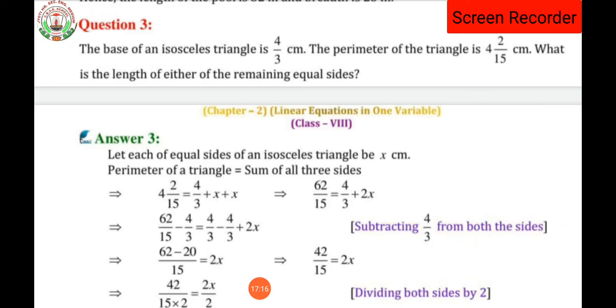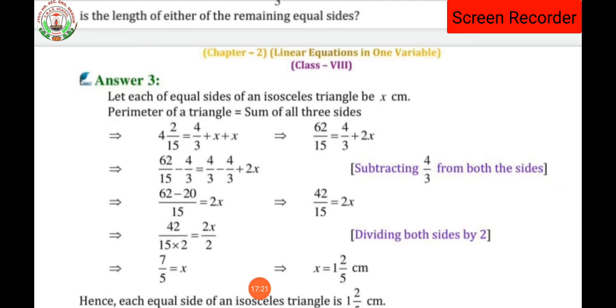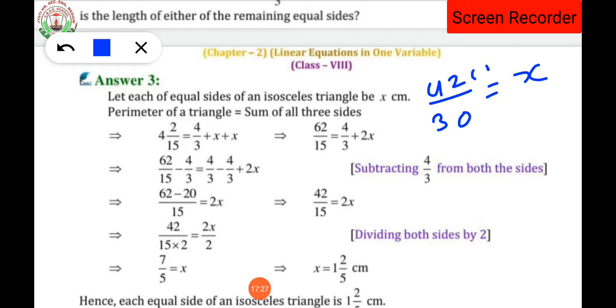Have you understood up to here? So what is the equation we are having finally? That is 42 upon 30 is equals to x value we are having. 42 upon 30 centimeter is equals to the length of the side. Okay, since both are even numbers, 42 upon 30 can get cancelled by the table of 2.